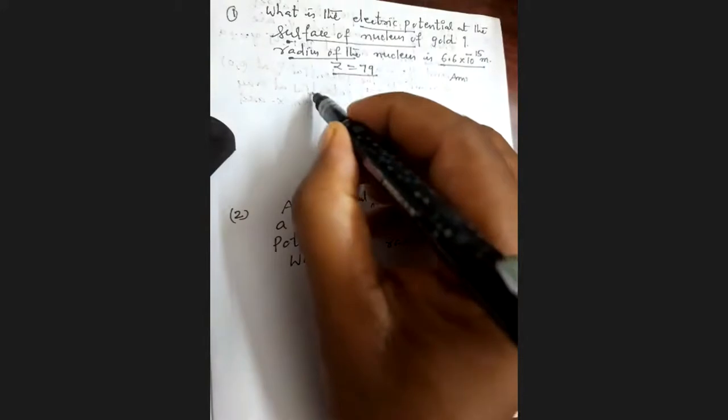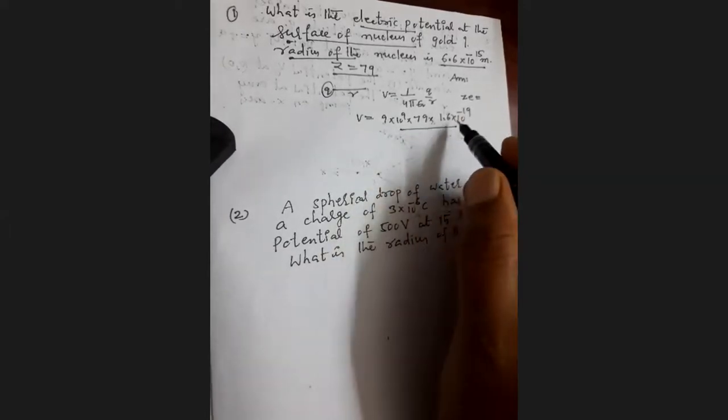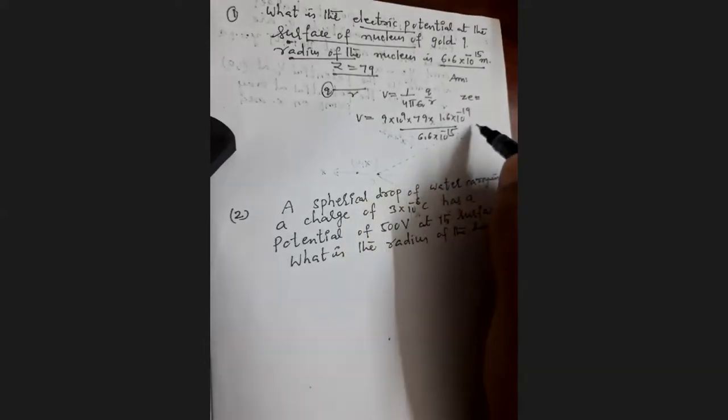For a point charge Q at distance R, the potential formula is 1 by 4 pi epsilon naught Q by R. So V equals 9 into 10 power 9, where the charge is Ze, the nucleus charge plus Ze, with atomic number 79 and charge of electron 1.6 into 10 power minus 19, divided by R, the radius of the nucleus, given as 6.6 into 10 power minus 15. By doing the calculation, we'll get the answer.